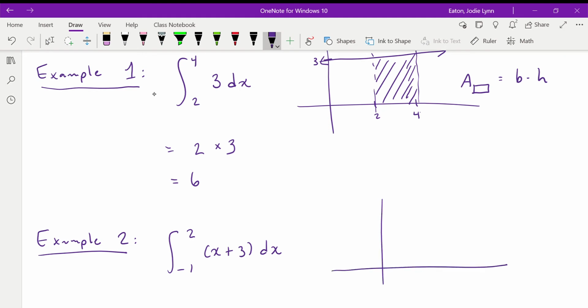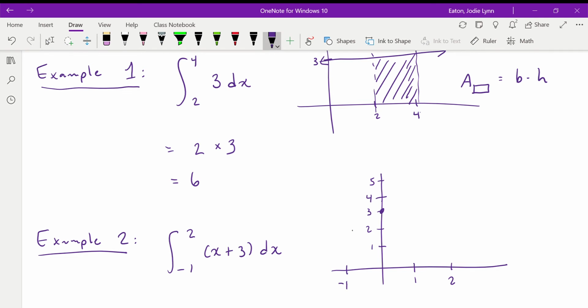So y equals x plus 3, we have a 1, 2, 3, 4, 5. So our y-intercept is 3, and our slope is 1. And since we're going from -1, we're also going to need a -1.